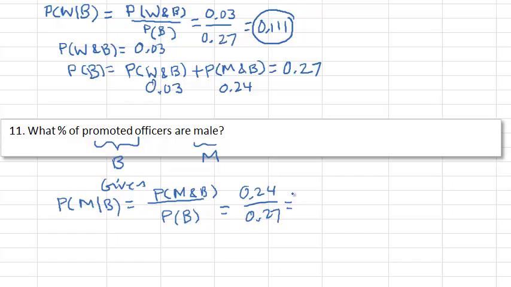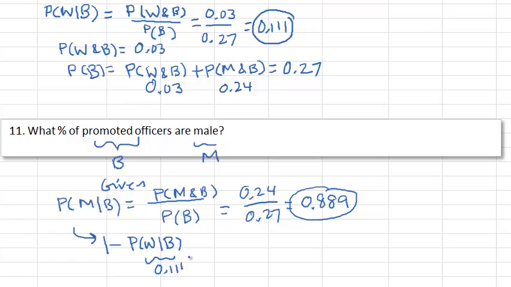So that is 0.889. Also notice that M given B must be the complement of W given B. So actually we could have solved it like this: it's just 1 minus the probability of women given promoted, which was 0.111, and that leads to the same result of 0.889.